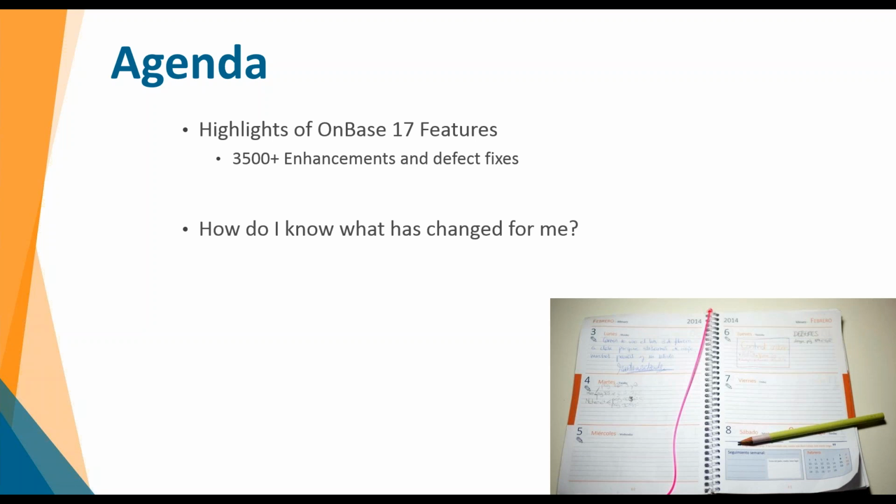We're also going to cover how you can find out what specifically has changed in OnBase 17 from where you are today in your current release, through creating a simple report and leveraging that to determine where to focus your testing and planning for implementing OnBase 17. Follow that up with a little bit on how you should be doing your testing for OnBase 17 and some upgrade strategies. And last but not least, how do you get started?